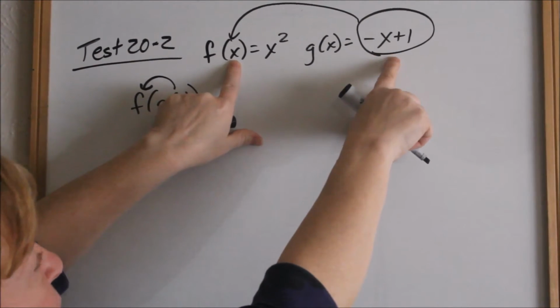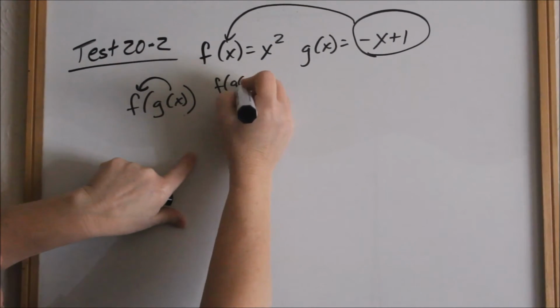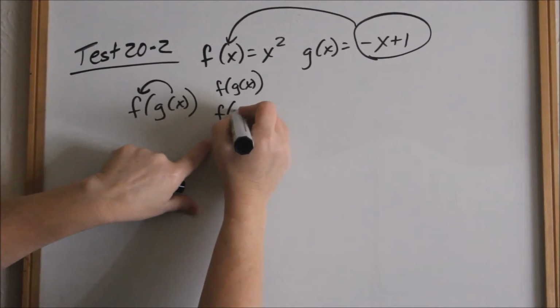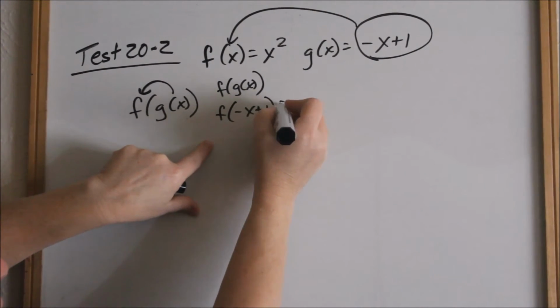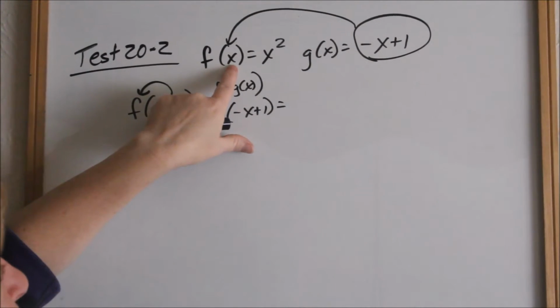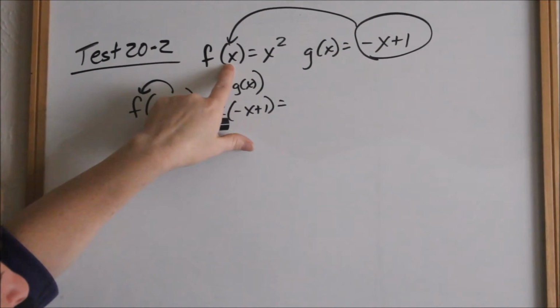So if you're writing this, you say f of g of x. Well, g of x is negative x plus 1, so you can say f of negative x plus 1 equals... Whatever you put here, you're saying, I'm going to take it and substitute it everywhere I see an x.